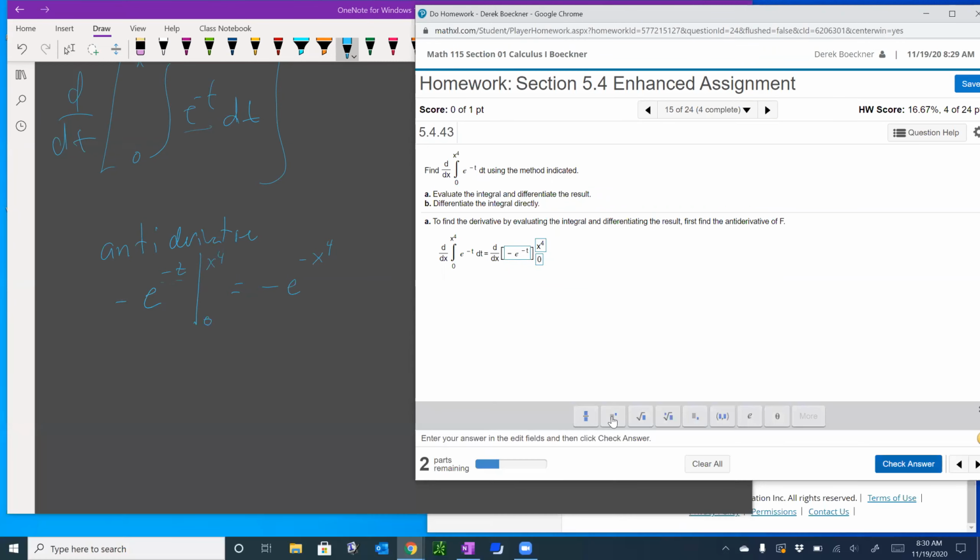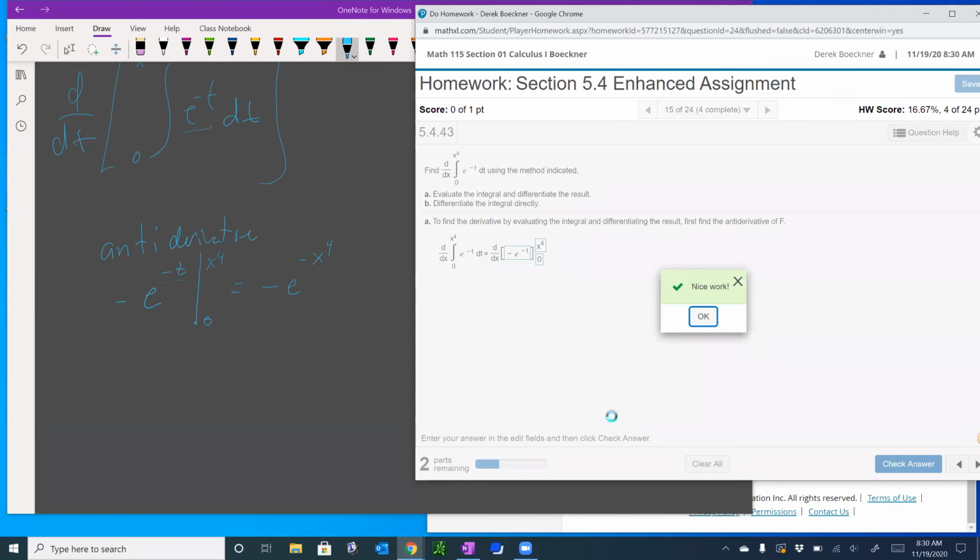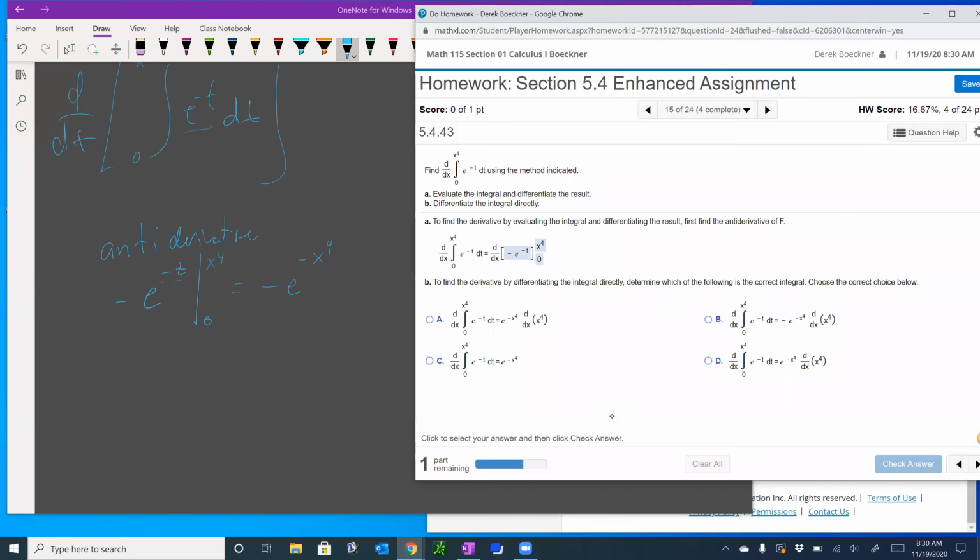I think that's probably what it wants. Yeah, okay. You guys see what it was asking for there? So we found the antiderivative. We didn't actually evaluate it yet, but we just found the antiderivative, and we're going to eventually evaluate it at 0 and x to the 4th.